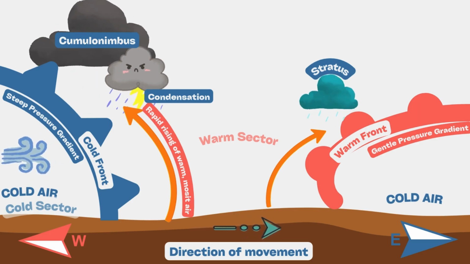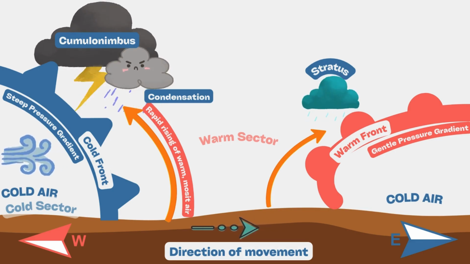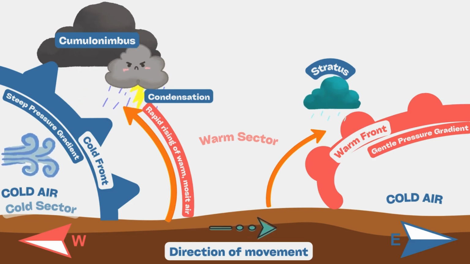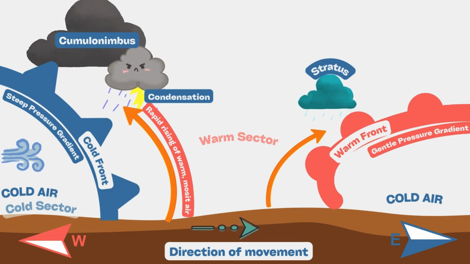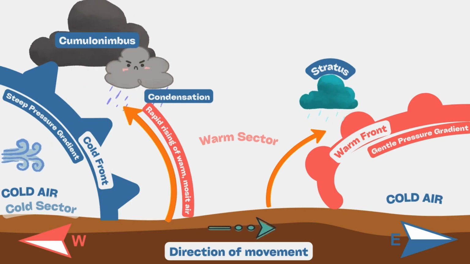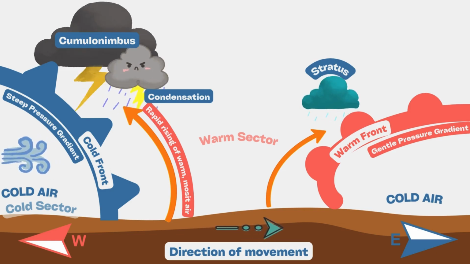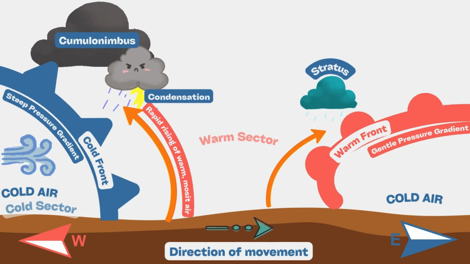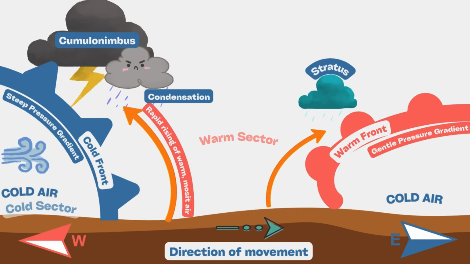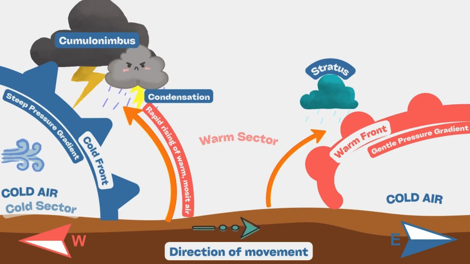So the associated weather conditions of the cold front is that there is a presence of cumulonimbus clouds, which indicate the intense or rapid rising of warm moist air leading to condensation, and then that condensation leading to heavy precipitation and thunderstorms in front of the cold front. And sometimes there may be severe weather such as hail and strong winds.